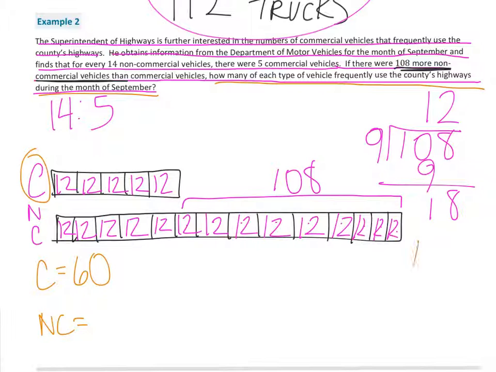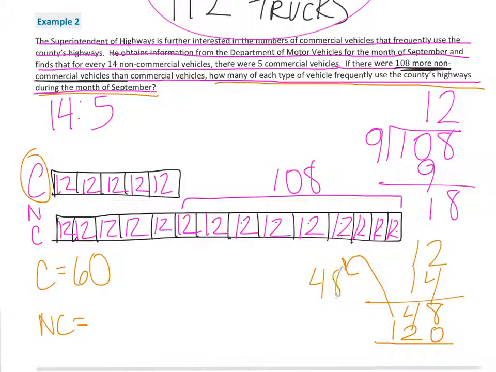That's a little harder, so we can go over here. 4 times 2 is 8. 4 times 1 is 4. Add our 0. 1 times 2 is 2. 1 times 1 is 1. 48 plus 120, 8, 6, 1. So 168 non-commercial vehicles. And there we go.